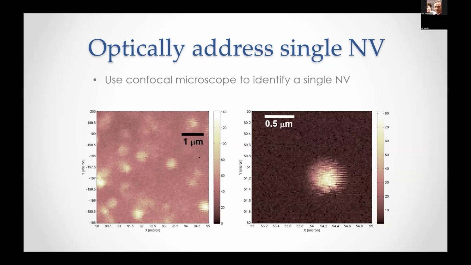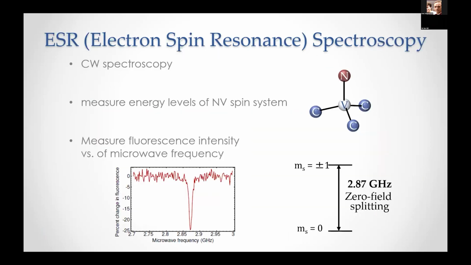People have been looking at spins for 100 years with various NMR type techniques. The fact that we can address this spin optically and do the initialization and readout gives us an advantage, right? So we can look at one. It's extremely difficult to localize magnetic or microwave fields or RF fields in a way that allows you to get this spatial resolution. So the optical coupling here, even at room temperature, is extremely useful.